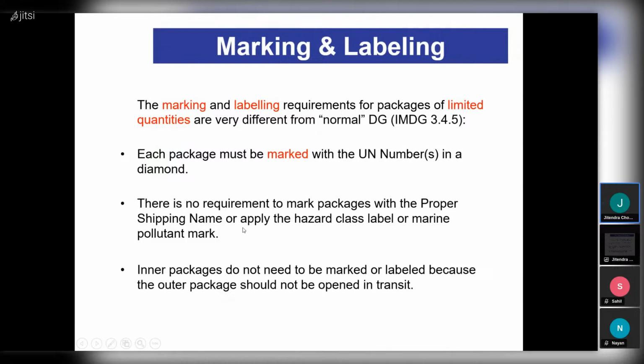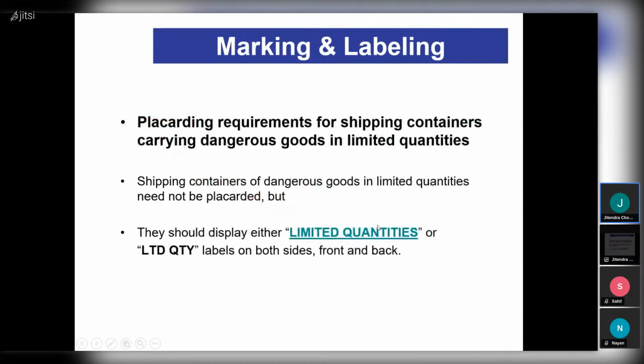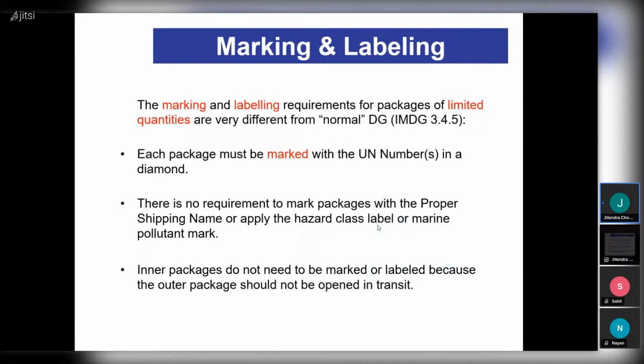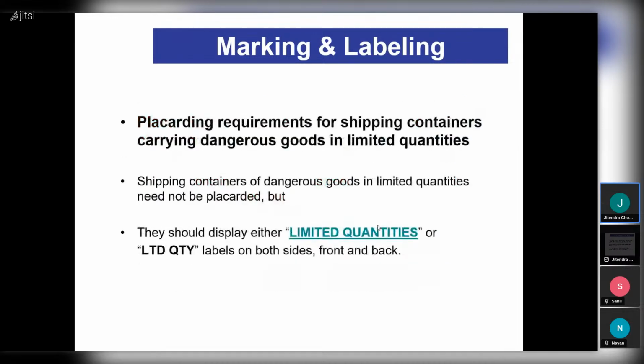And normally you don't have the proper shipping name. Inner packages do not need to be marked or labeled because the outer package should not be opened in transit. So if there is no marking inside, no problem, but outside the marking should be there. So that we have to see.